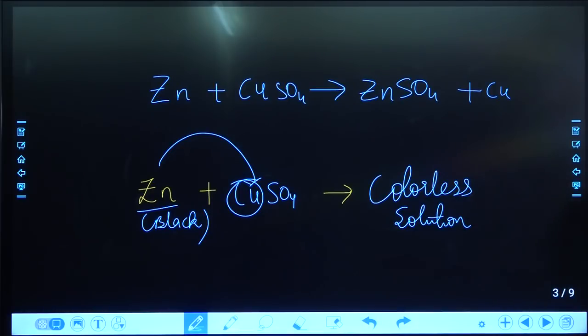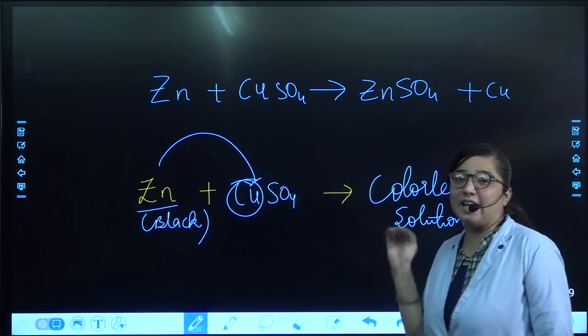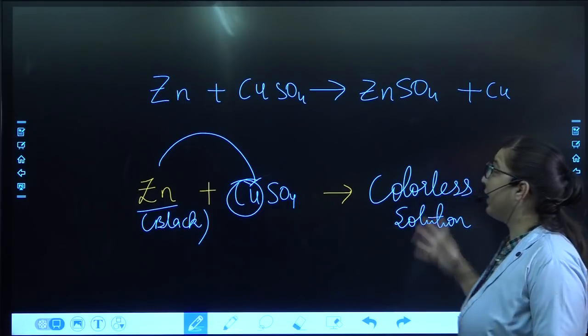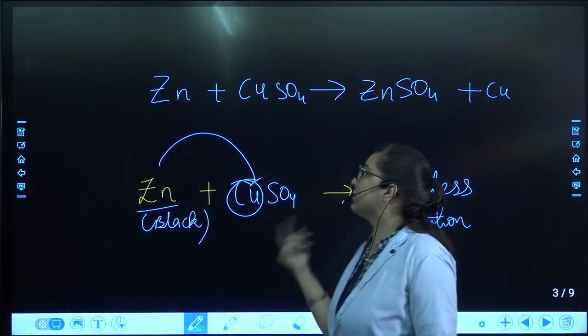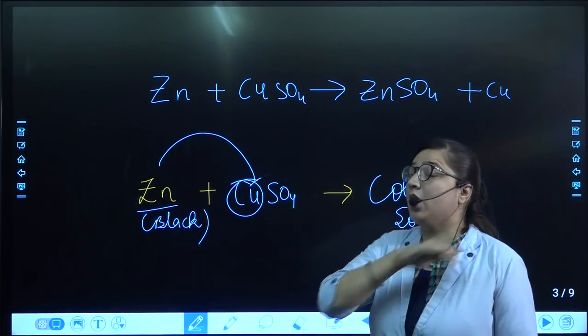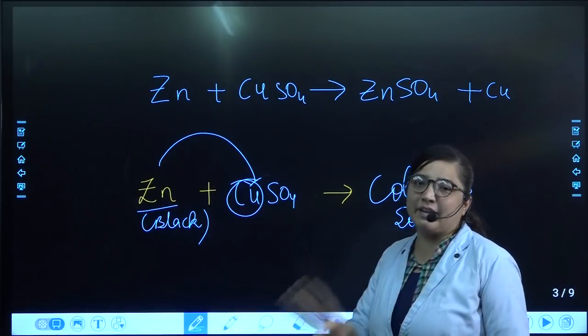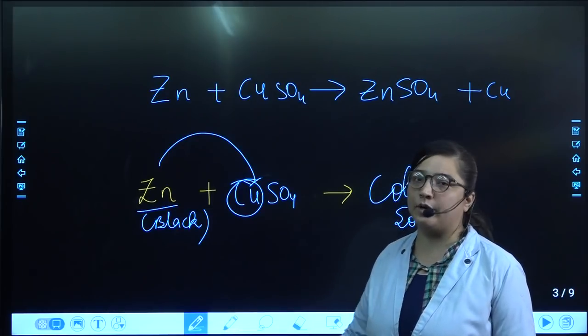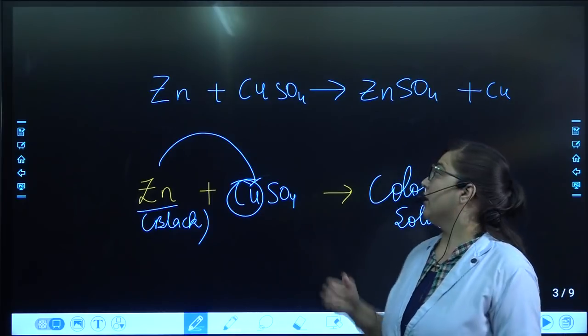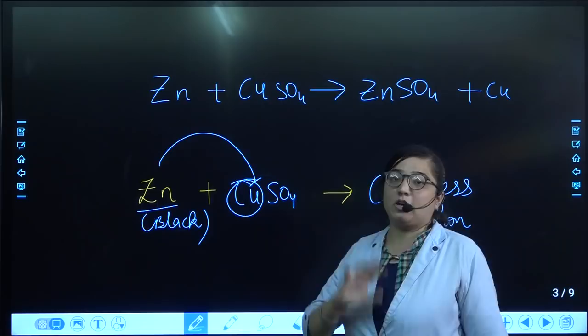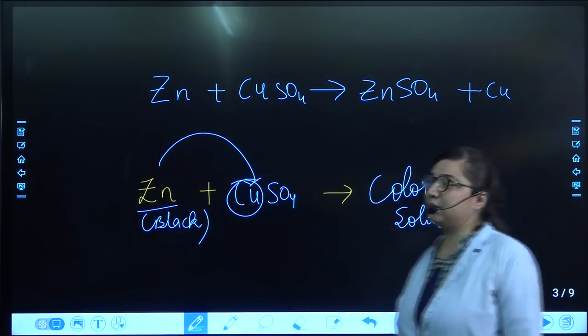Note the reaction also, because this reaction is coming in the class 8 textbook. The reverse reaction will not be possible. That means if to zinc sulfate solution you add copper, there will be no color change, nothing will happen. So is the reverse reaction possible? No. Less reactive metal cannot displace more reactive metal. Note it down.